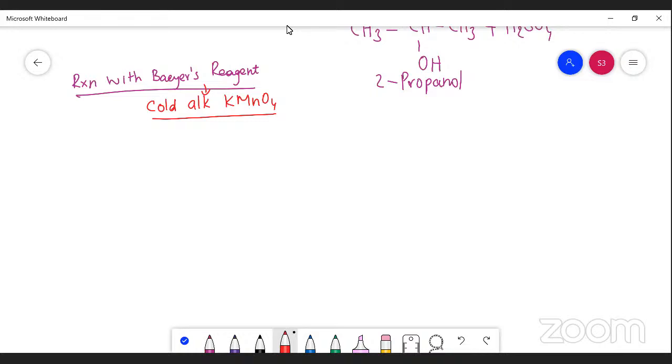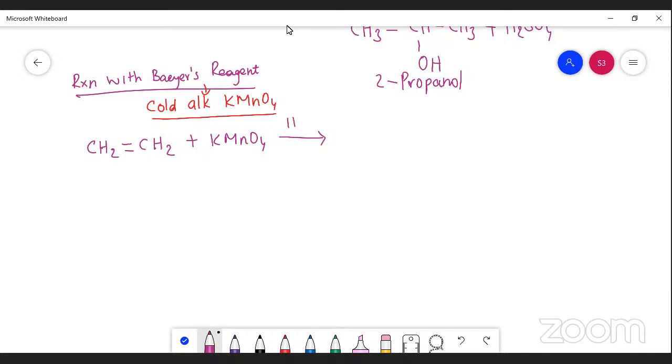Suppose we are taking an ethylene molecule, CH2=CH2. It is reacted with cold alkaline potassium permanganate, KMnO4, which is an oxidizing agent that produces oxygen.